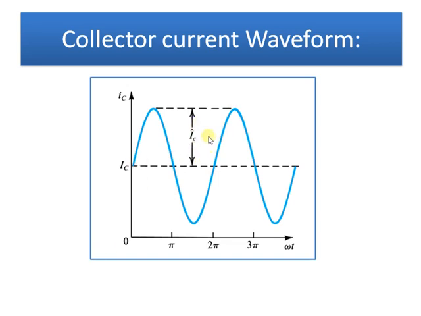This IC cap corresponds to the peak value of the collector current. So in the Class A, the transistor will conduct for an entire cycle of the input signal, and the conduction angle, as you can observe, is 360 degrees.